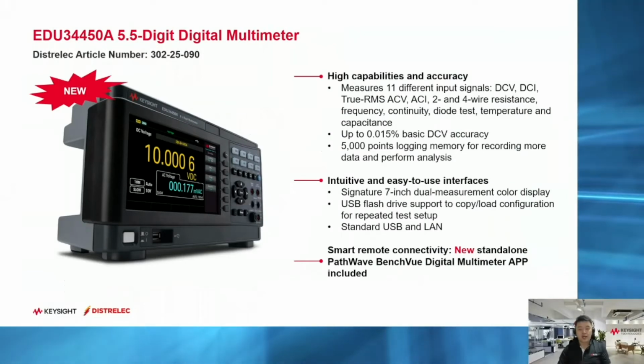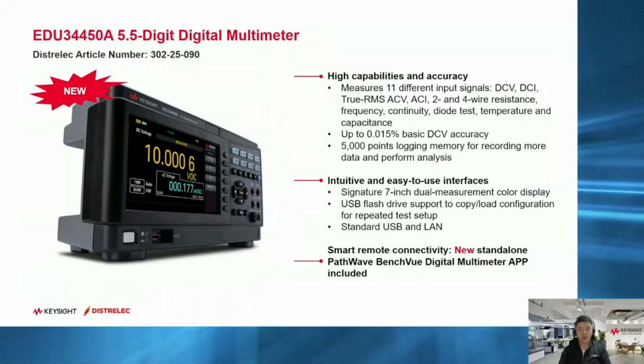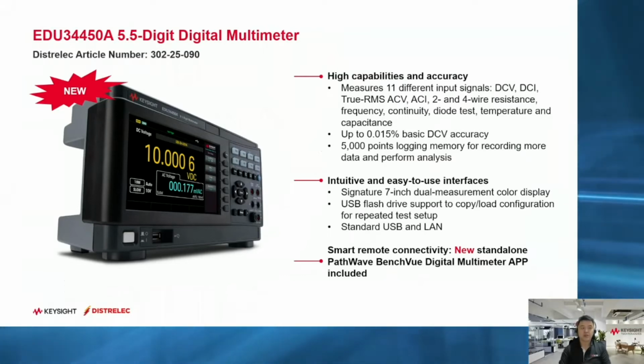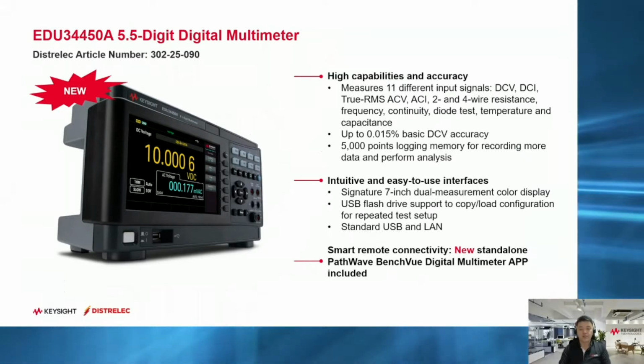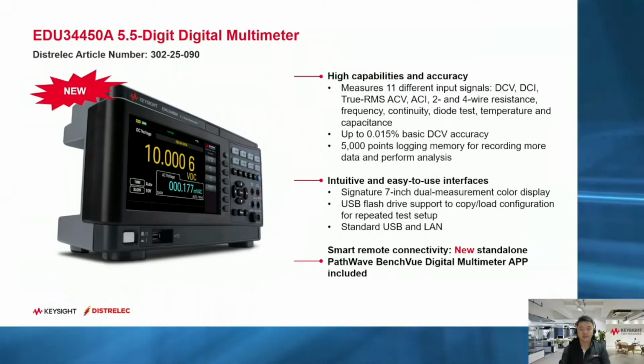The last hardware instrument Keysight newly launched in 2021 is the 5.5 digit digital multimeter. The new DMM can measure 11 different input signals, including 4-wire resistance.